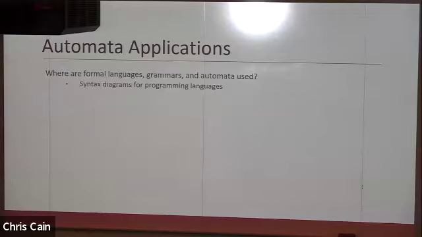Imagine yourself writing a language. How do you know that it does everything that it needs to do syntactically? You might be writing some syntax diagrams, and that might require you to have an understanding of the underlying logical structure of your language. What is possible to write within your language? How would you do some things? Is there any ambiguity with regards to that? A lot of that information would be answered through the use of some syntax diagrams.